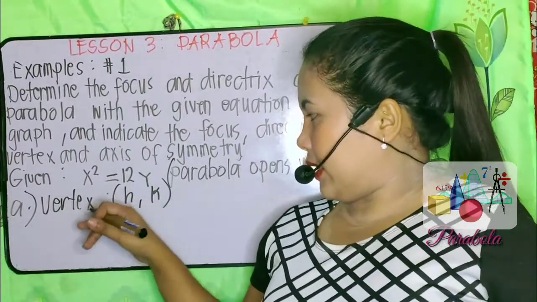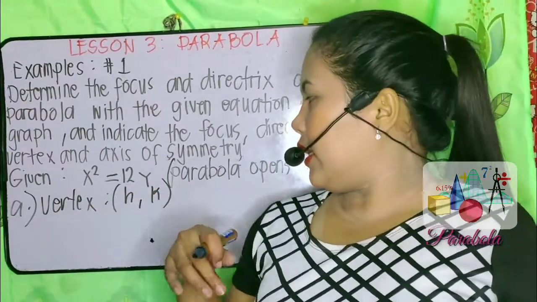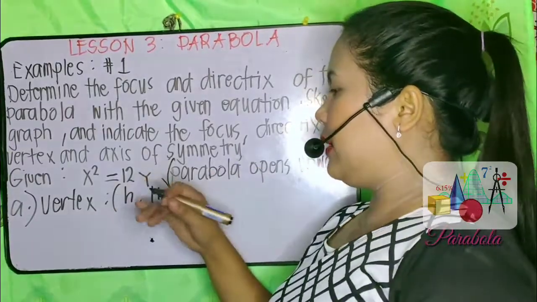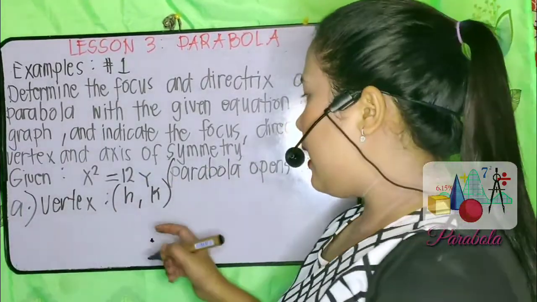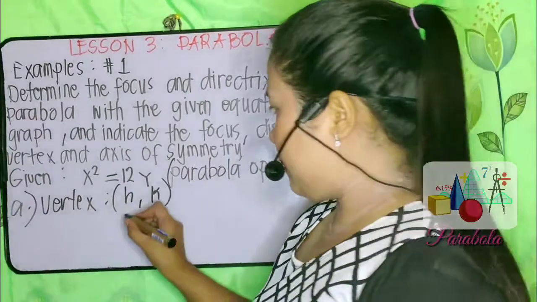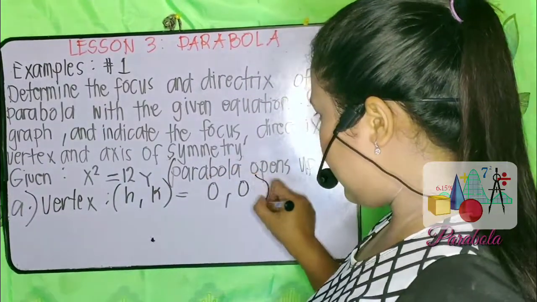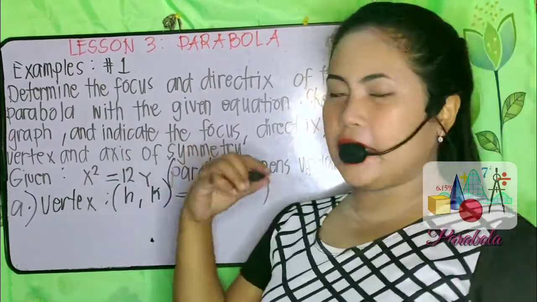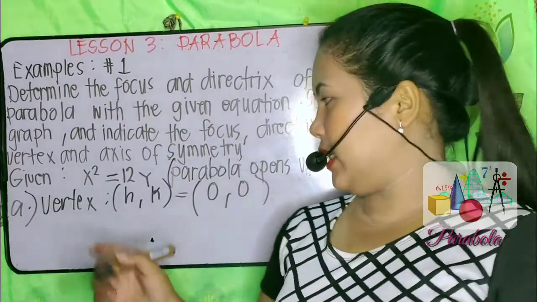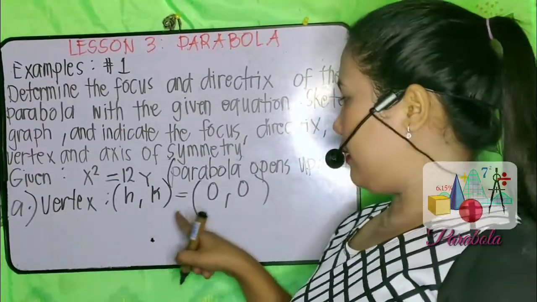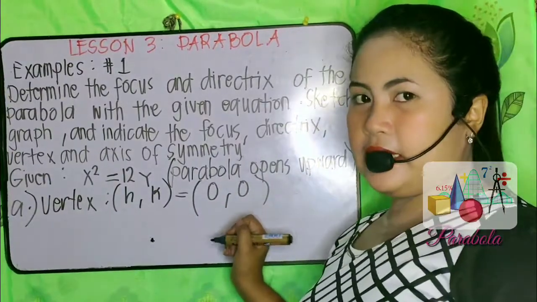So, therefore, our vertex will be (h, k). Since wala naman dito binigay na ordered pairs, our value for (h, k) is (0, 0). Kasi wala naman dito nakalagay kung ano yung value ng h or k. So, understood na (0, 0).